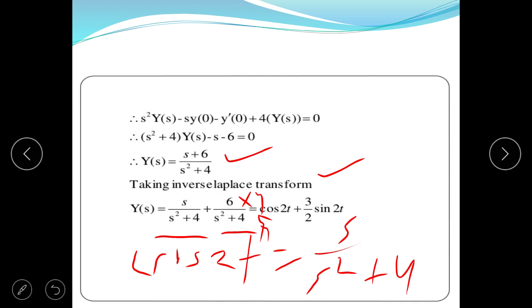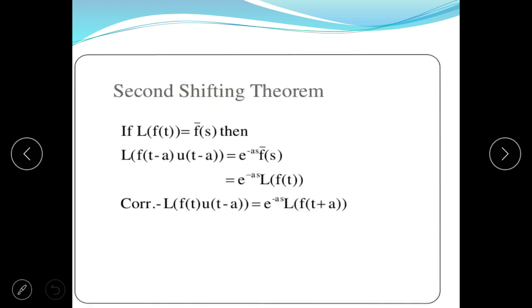We get the inverse Laplace transform of 4 upon s square plus 4 is equal to sin 2t, and 6 divided by 4 is equal to 3 upon 2. This is the solution of the differential equation. So y(t) is equal to cos 2t plus 1.5 sin 2t.